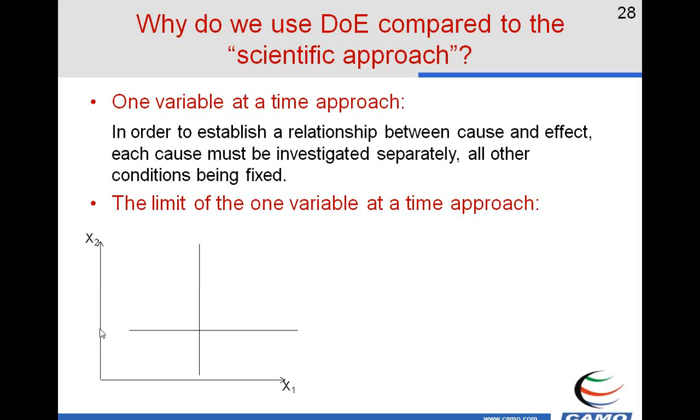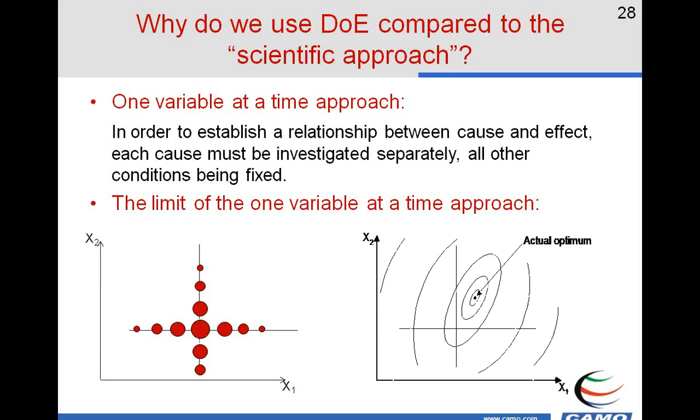So what happens is that we have x1 and x2, and the first thing you do is fix x2, and then you vary x1. As you see, it varies, and in red we have the result. When we have the best result, we decide to fix x1 to that value, and then vary x2. And here things happen nicely, and we have the best result at the intersection. But if not, we will have to do more experiments.